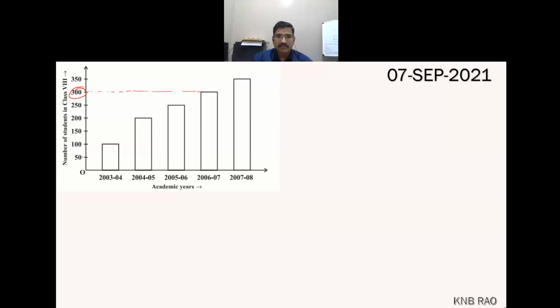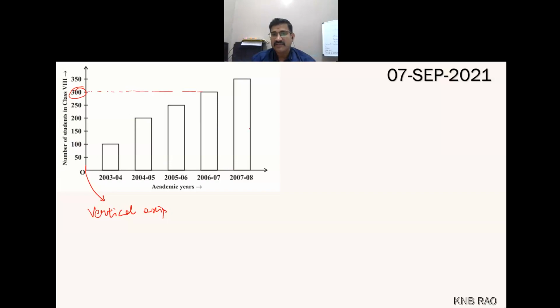What is this axis called? In the Cartesian plane we call it the y-axis. Here we call it the vertical axis. Normally we draw bar graphs in two ways. One is the vertical bar graph, which you are seeing.